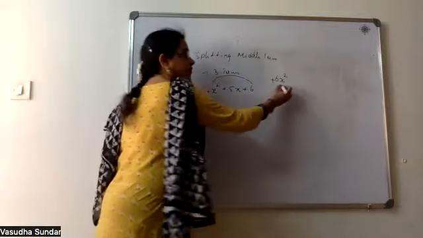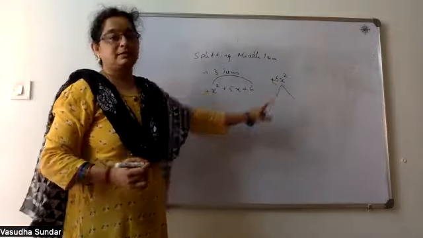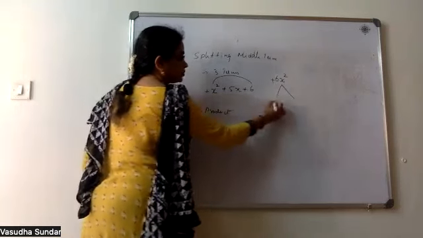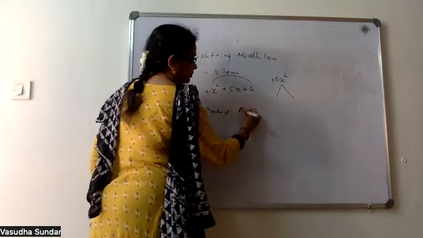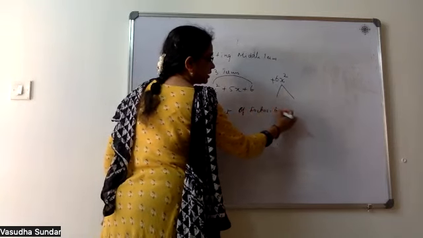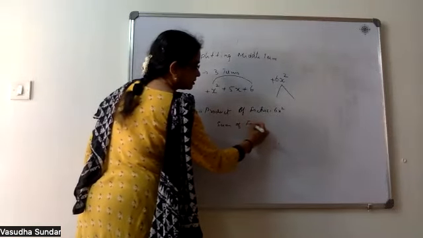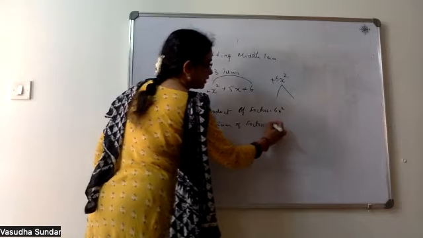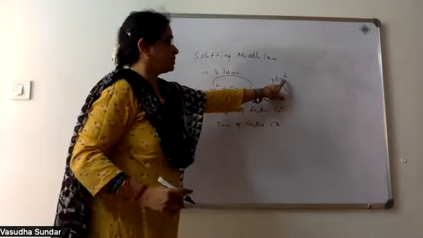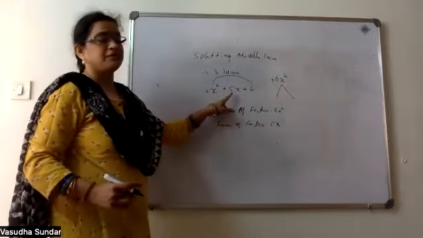Now you have to find factors of this such that the product of the factors is equal to 6x squared and the sum of the factors is 5x. So the product of this into this should be 6x squared. When you add these two, you should get plus 5x.